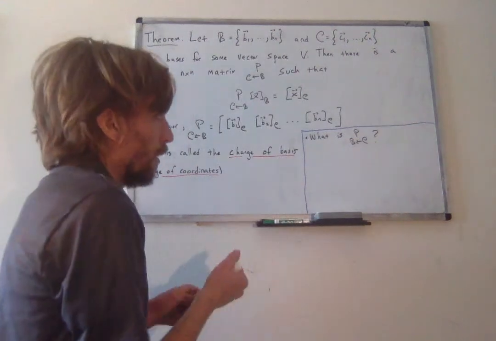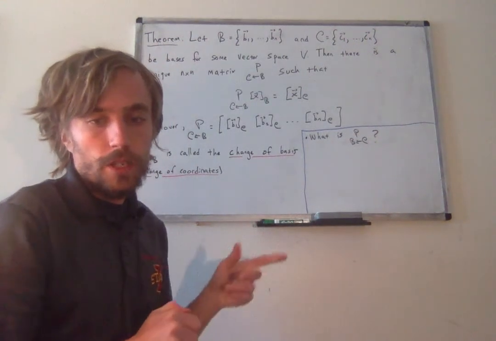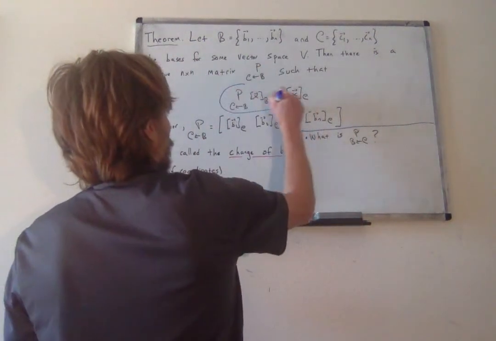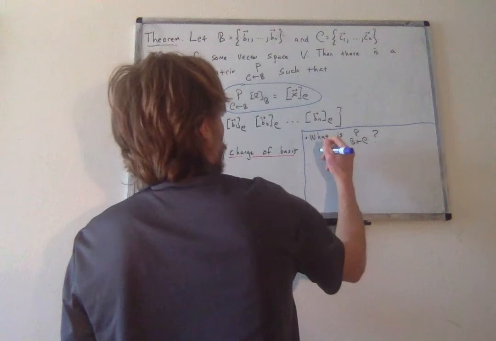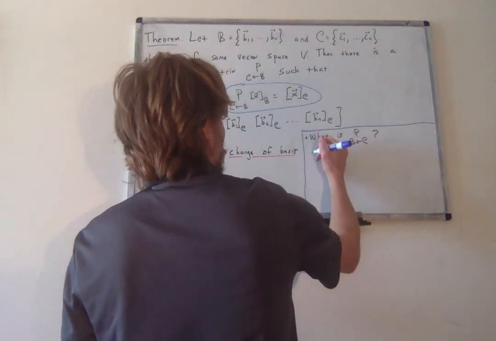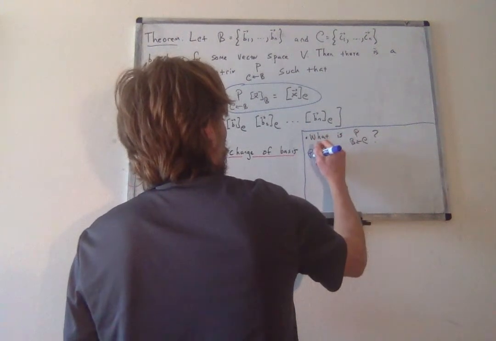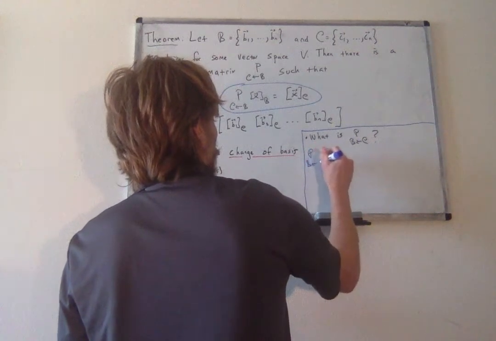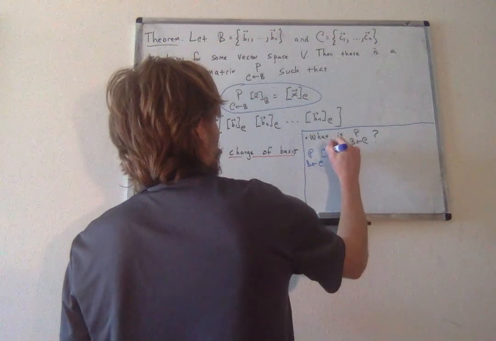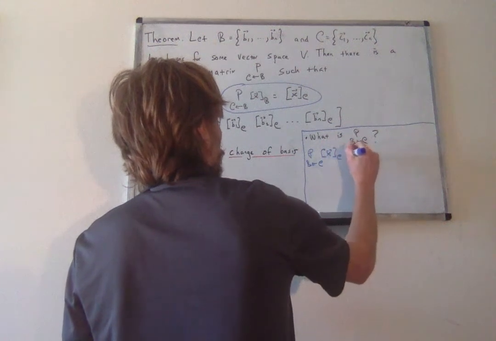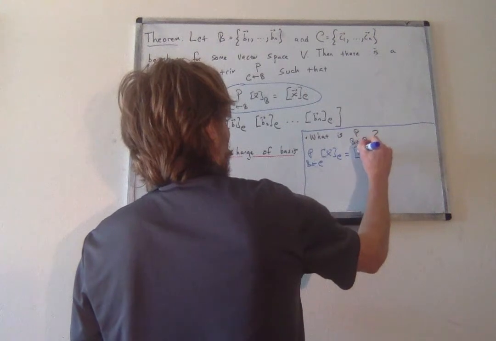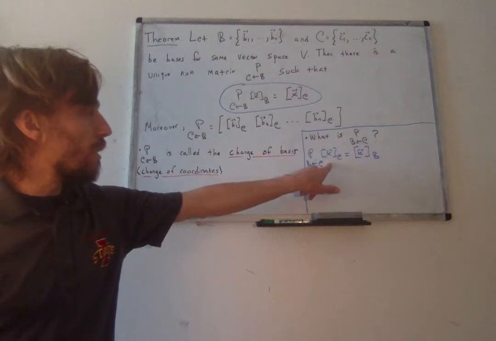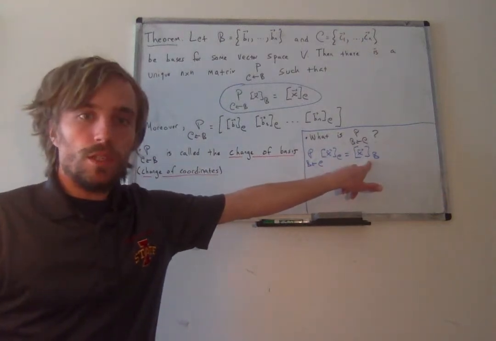And so this is the example to the first exercise here. Let's keep this equation in mind. Notice that by definition, this matrix should do the opposite of what the other matrix was doing. It should start off with the C representation of a vector and send it to the B representation of a vector.